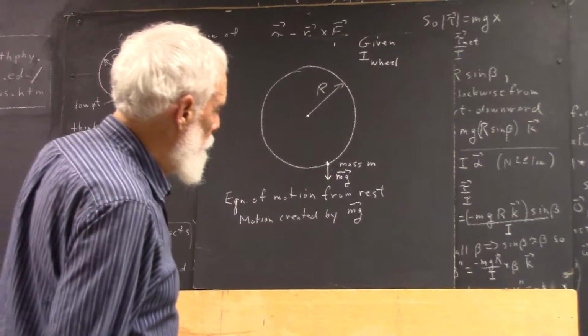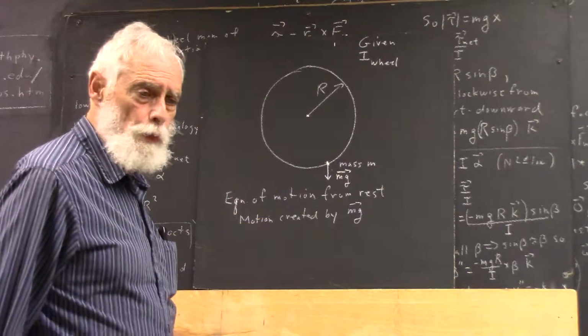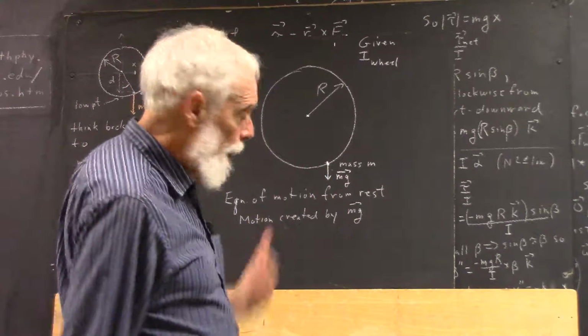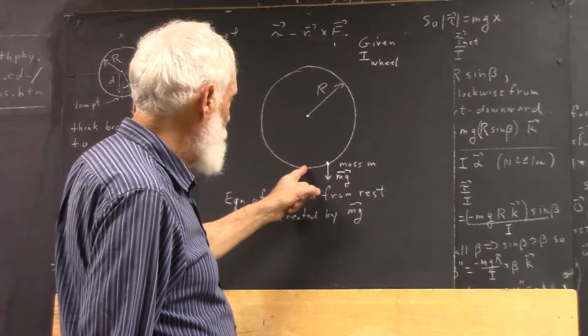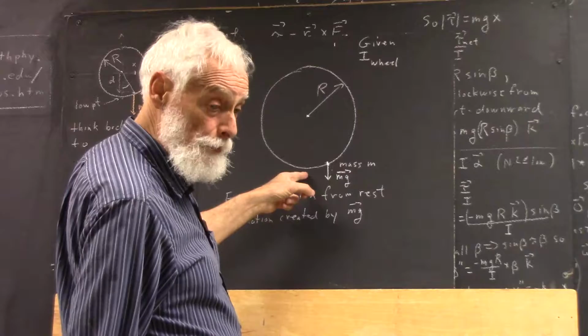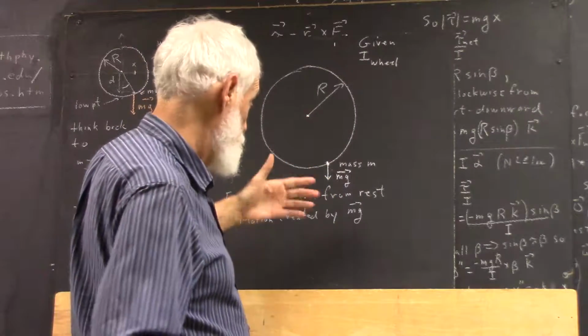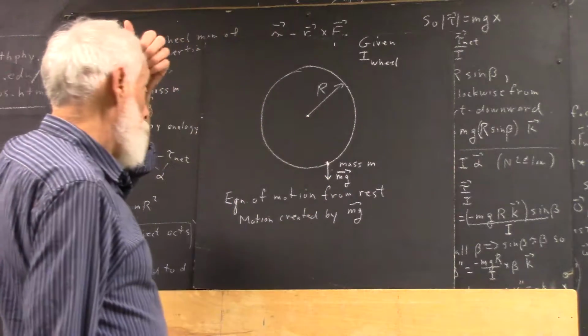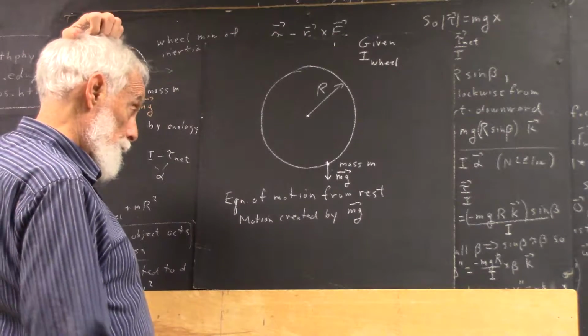Now, of course, the force mg won't make any motion happen if the mass happens to be directly below the axis because of the symmetry of the wheel. It's been stated.